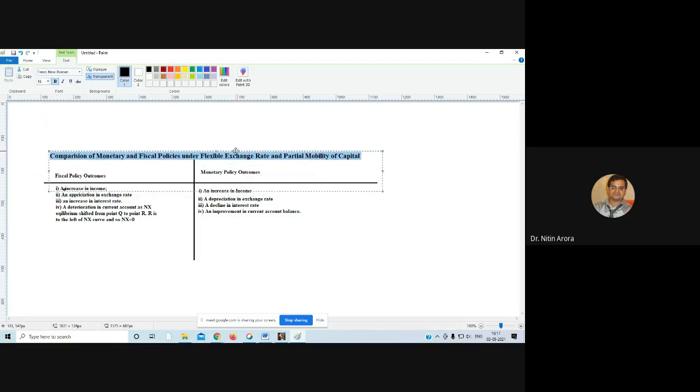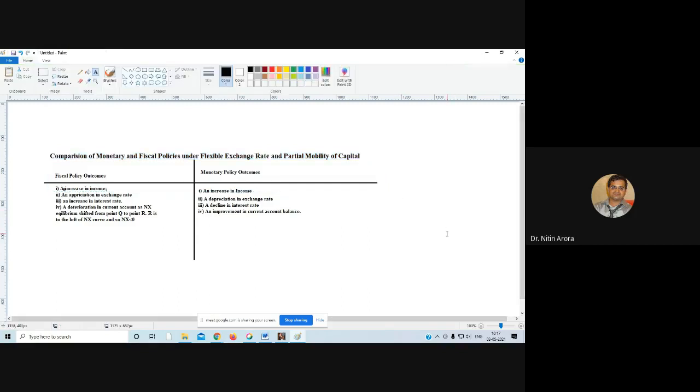With this comparison we have done. Now you people will answer which policy is better in such type of system. System is flexible exchange rate and partial mobility of capital.